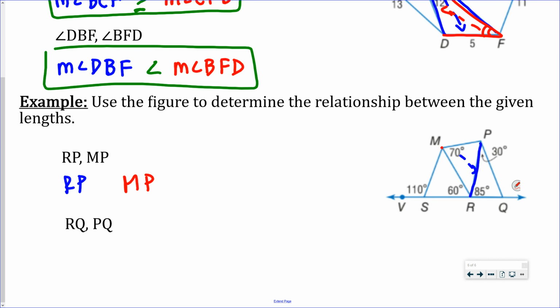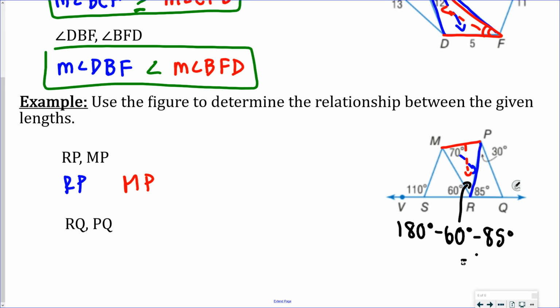MP, that side is across from an angle measure of, how can I find that angle? 180 minus 60 minus 85. Good, they all lay on a line. I think it's 35. 35, yep.